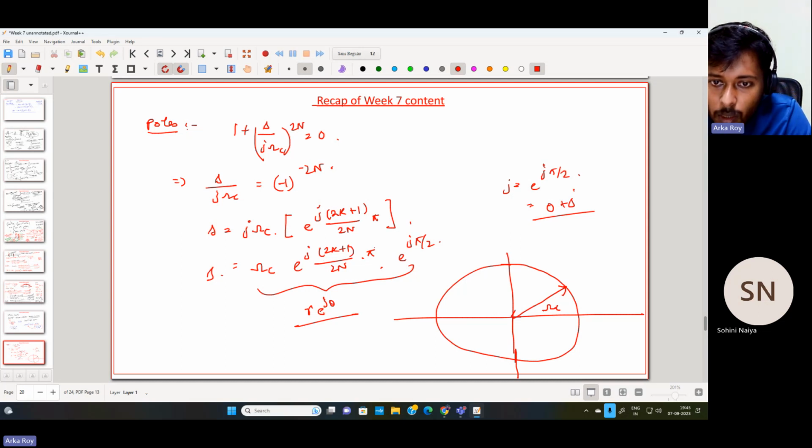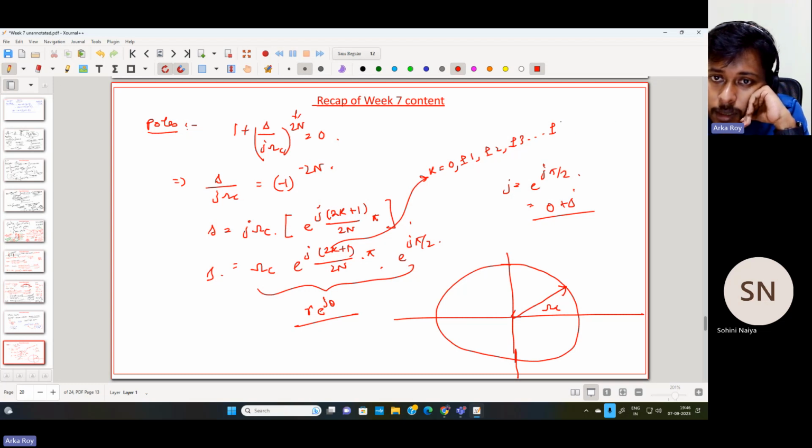And now I have to check what is the location of the pole. The k will contain the values 0, plus minus 1, plus minus 2, plus minus 3, and there are a total of 2n roots of this particular equation. So that means 2n poles I will get.